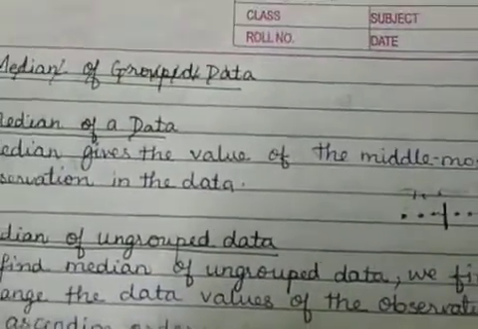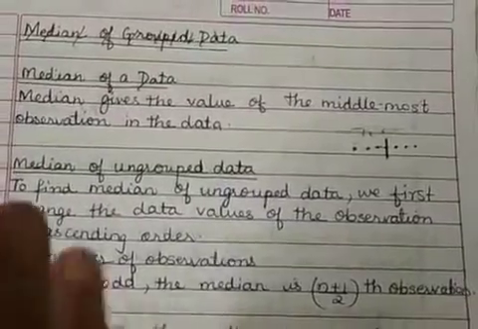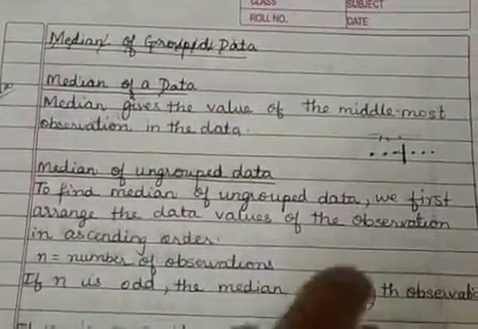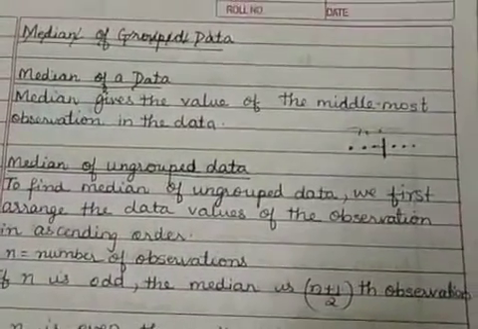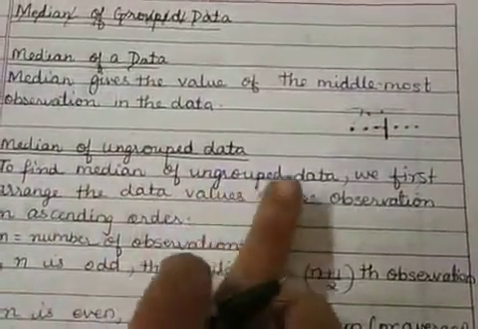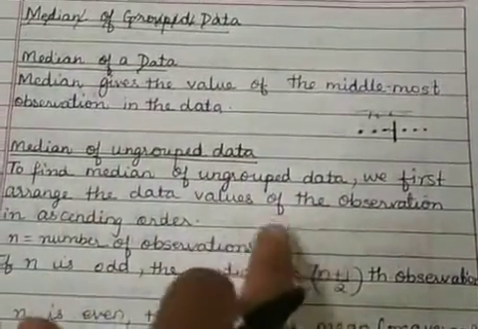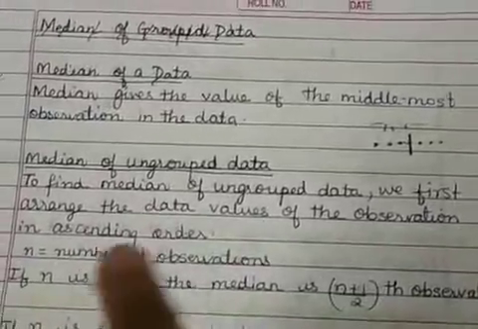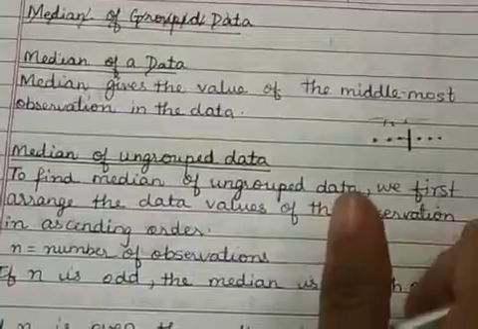So first we will see median of ungrouped data. In ungrouped data, the data is taken as it is. It is raw data. To find the median of ungrouped data, we first have to arrange the data values in ascending order.